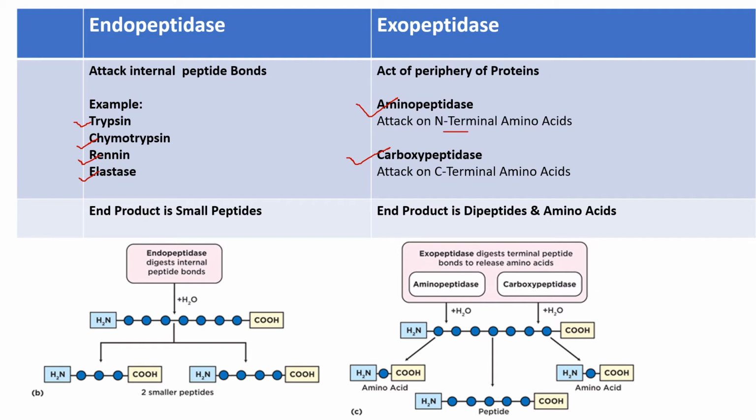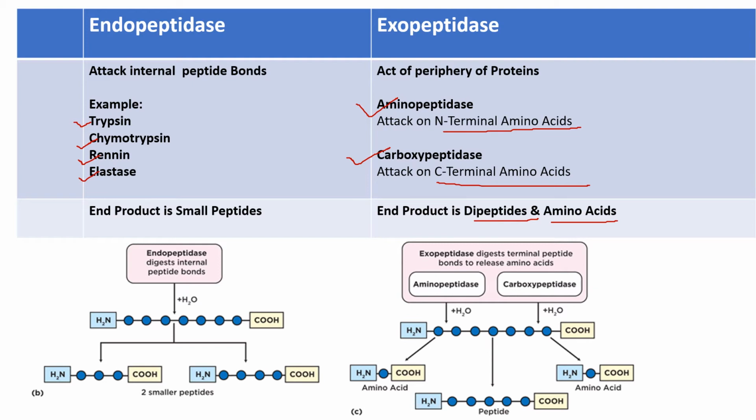Aminopeptidase attacks the N-terminal amino acid, while carboxypeptidase attacks the C-terminal amino acid. So the end product is, oh sorry, these are the amino acids.